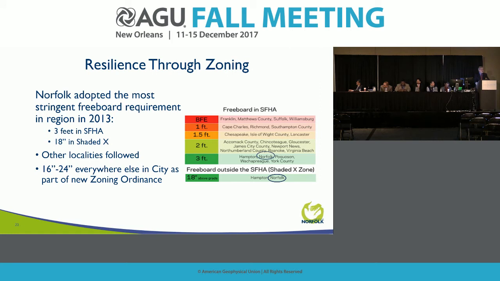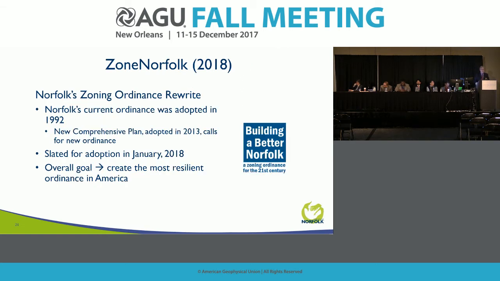In addition, we've adopted the most stringent zoning regulations relative to the floodplain anywhere in Virginia, and we're about to adopt the most forward-thinking, progressive zoning ordinance anywhere in Virginia, perhaps in America, dealing with resilience going forward. We believe that's going to be adopted on January 23rd, and it will quite literally change things.